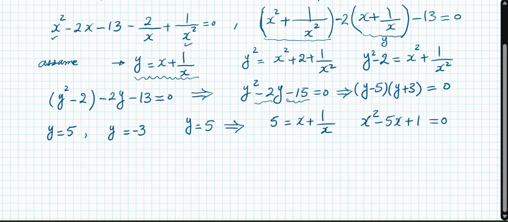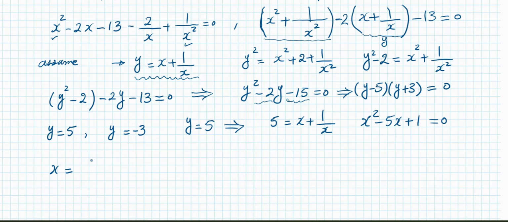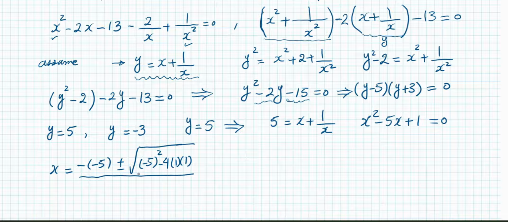And here we can use the standard formula to solve this equation. So x is equal to minus minus 5, plus or minus square root of minus 5 squared minus 4AC, 1 times 1, divided by 2.